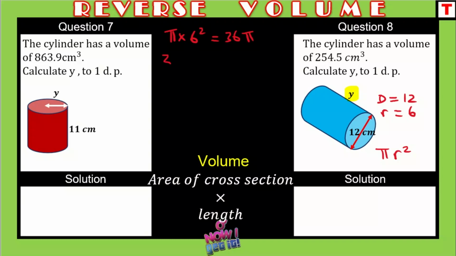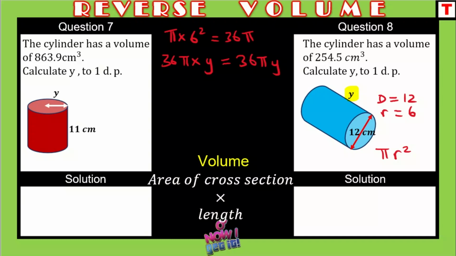So this is going to be 36 pi multiplied by y, or we can say 36 pi y. So we have 36 pi y, which is now going to represent our volume.